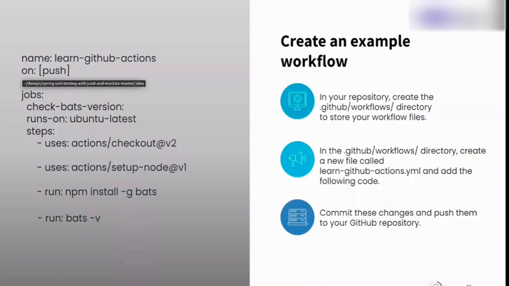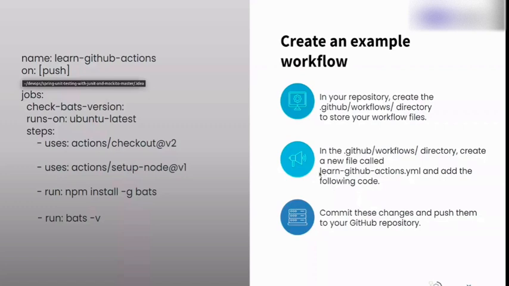If you create your workflow file in any other location, it will not trigger or execute whenever a particular event happens. So this is the important note that you need to remember: your workflow file has to be present in your .github/workflows directory. So just create a .github/workflows directory and create your own workflow file.